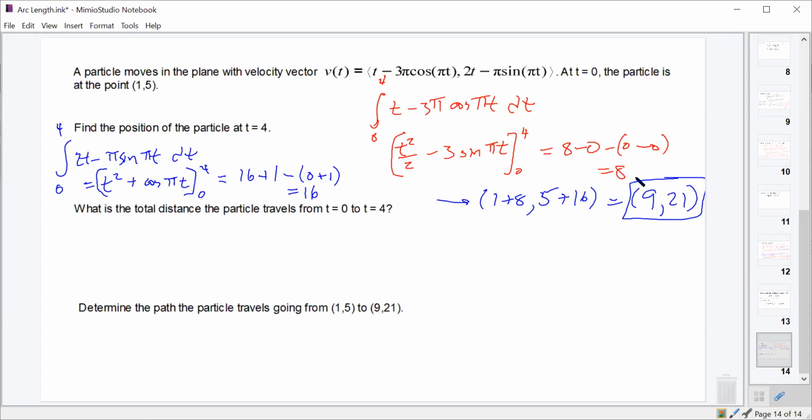Pretty. All right. Now, what if I asked you then for the total distance that our particle traveled from t equals 0 to t equals 4? Then we take the integral from 0 to 4 of the square root of each of those functions squared.